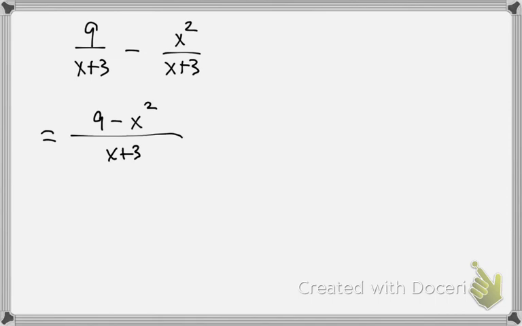Now, unlike the previous one, might I simplify? Well, in order to check, what do I have to do? Factor. If I rewrite it in descending order, that's negative x squared plus 9, right? So what would I do?